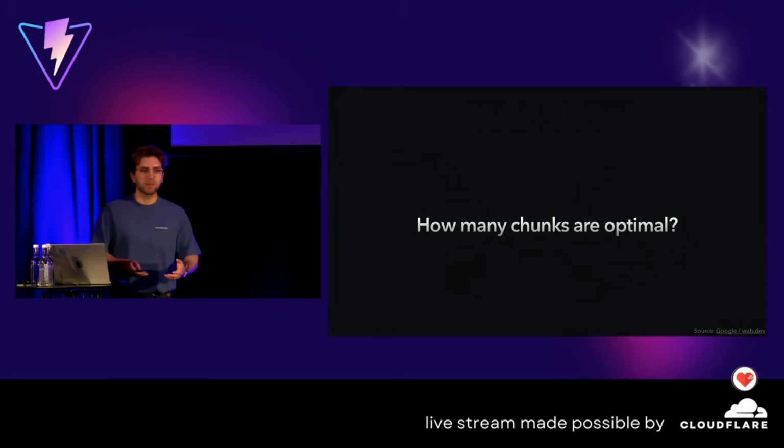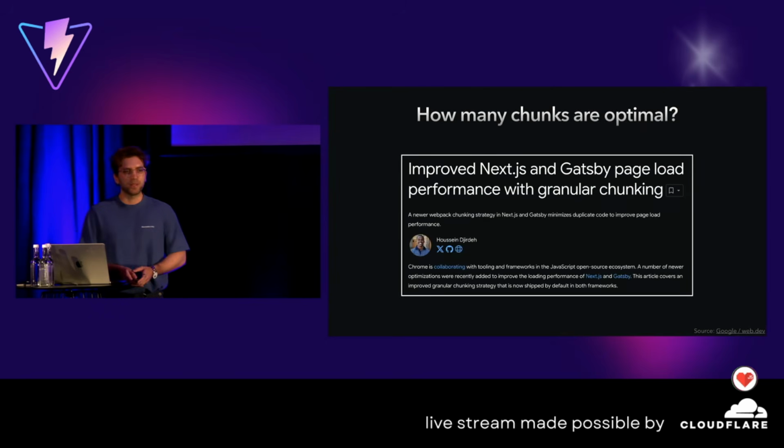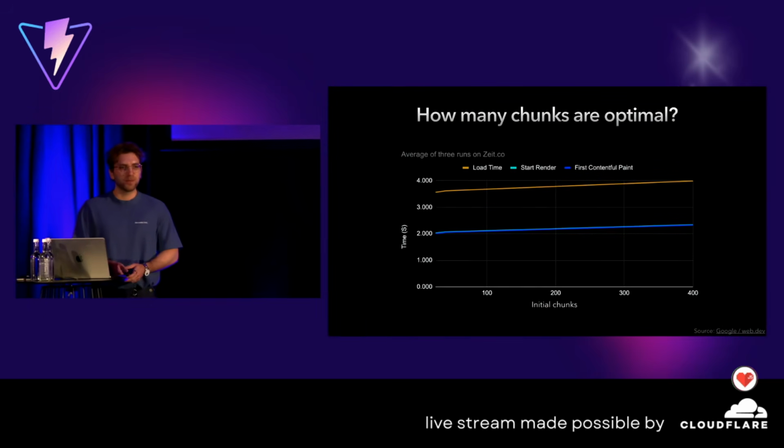This brings up the question, how many chunks are optimal? Thankfully, we have an answer for this, because Google research looked into Next.js and Gatsby websites, I guess not the most popular ones on ViteConf, but still. What they found is this graph. This was run on at site.co, that was Vercel's previous homepage or previous name.